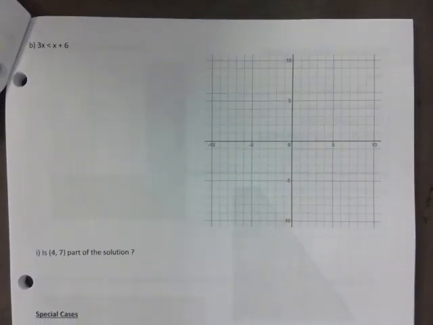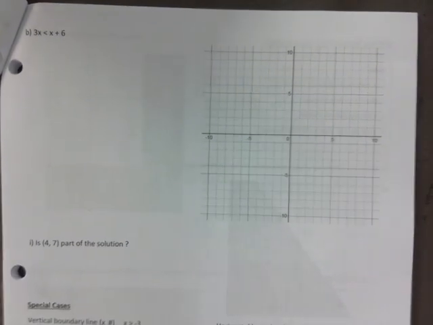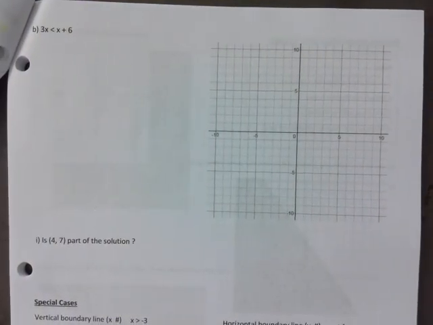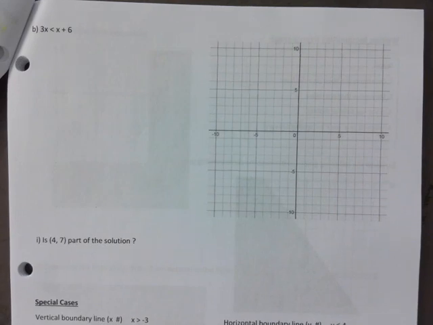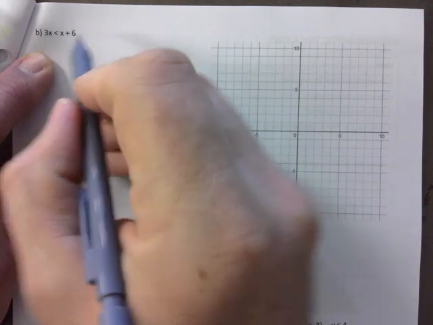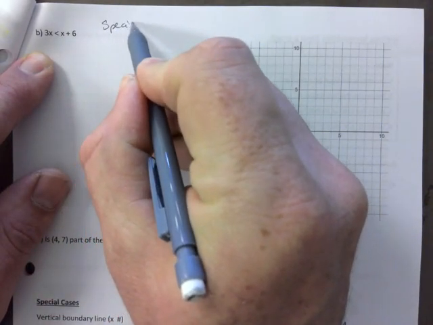Let's go to the next page here. What do you notice about that inequality? Only x. So what kind of boundary line are we looking at? Think of it this way. X is always something, right? So it's going to be a vertical. Have that on your study sheet if you struggle with it. So special case.